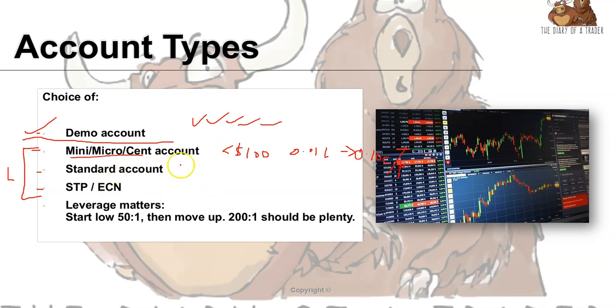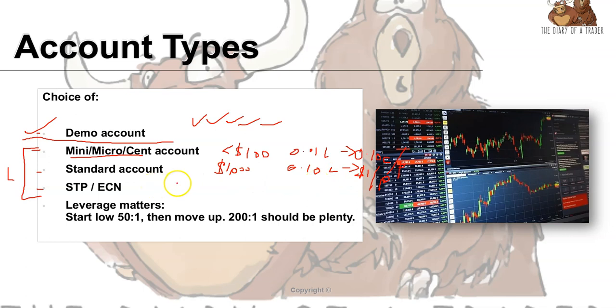Then you have the standard account, which may be an account for around $1,000 typically, and you can trade with 0.1 lots, which is approximately $1 per pip if it's in dollars. That's never an exact amount, but that is a rough calculation.